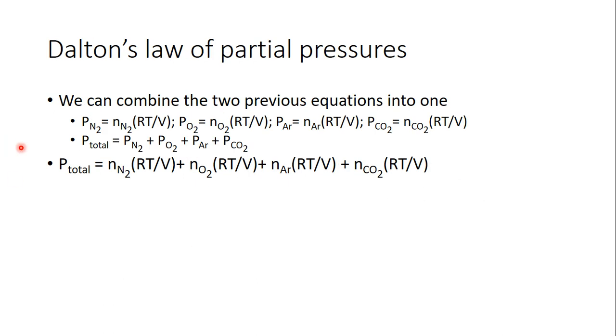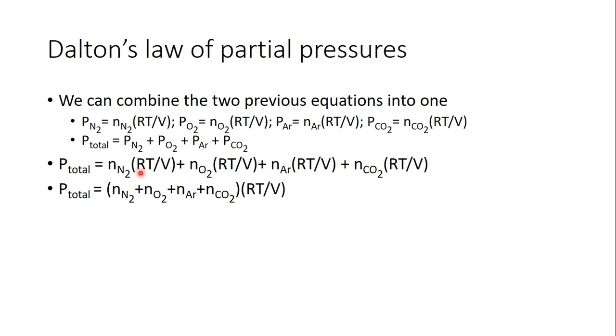Now, what I'm going to do here, it looks like a lot of math, but it's not too bad. I'm going to combine two equations: the equation to calculate the partial pressure for each type of gas, and Dalton's law, to make one total equation. And that's how I would calculate total pressure.